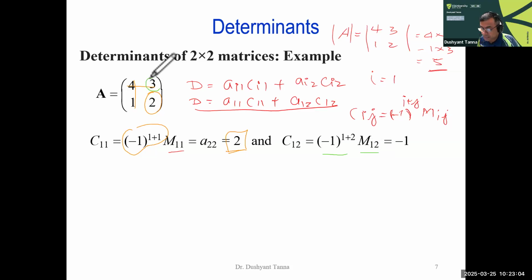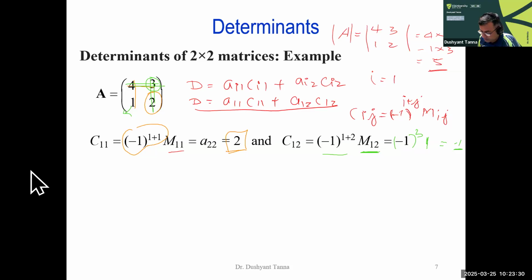That is the minor of this. So you eliminate the row and column containing that element. So first row, second column gone. That will leave you with 1 here. Minus 1 power 1 plus 2, so minus 1 power 3 times 1, and that gives you minus 1. Okay, so that is the C12 element.